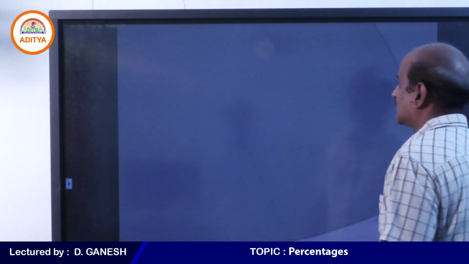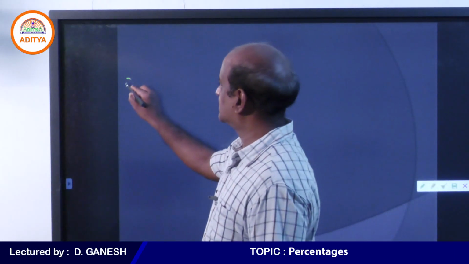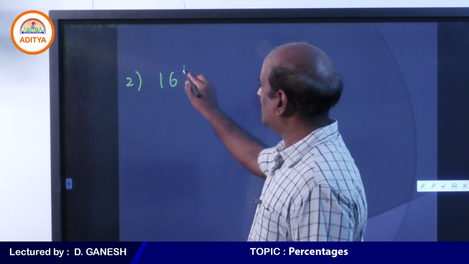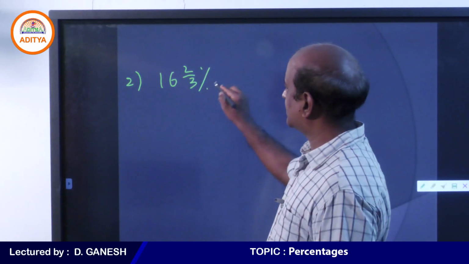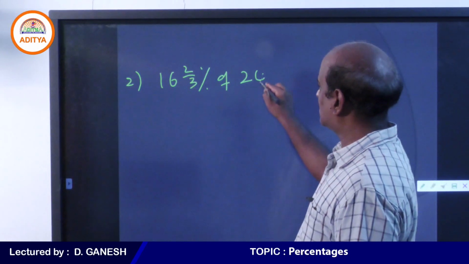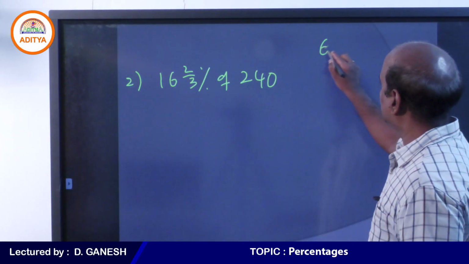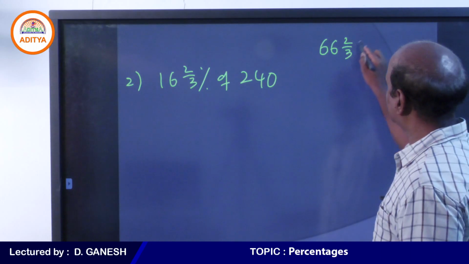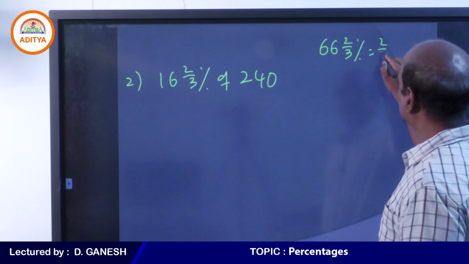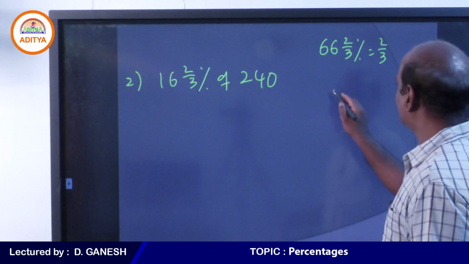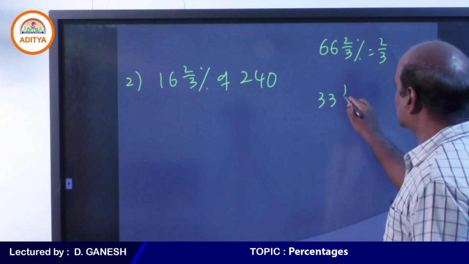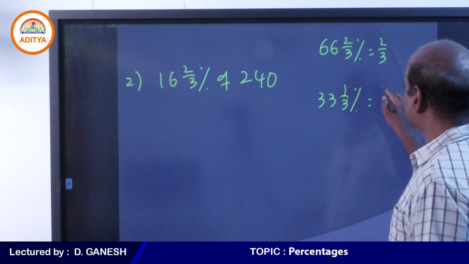So here we go. Now question number 2. What is 16 2/3% of 240? Once again, let me explain. 66 2/3% is nothing but 2/3, its fractional equivalent. Half of that, 33 1/3%, is nothing but 1/3.